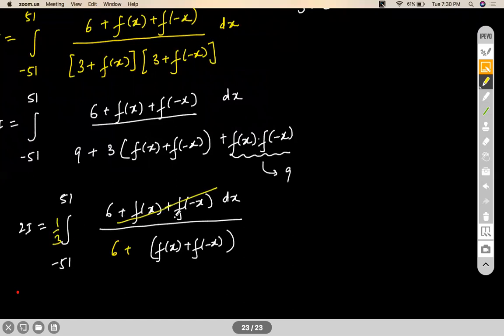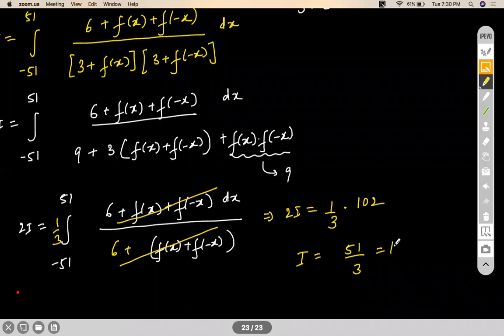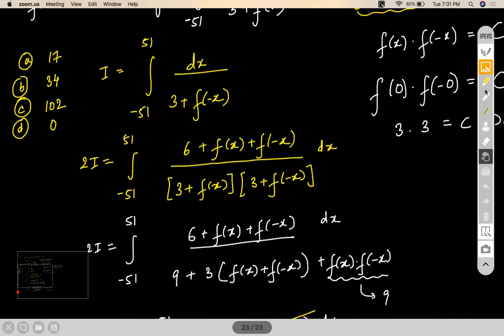And these two will get cancelled off. So 2I will become 1/3. And this will be 102 if I'm not mistaken. Okay. So your I will be 51 upon 3, which is 17. So option number A is correct.